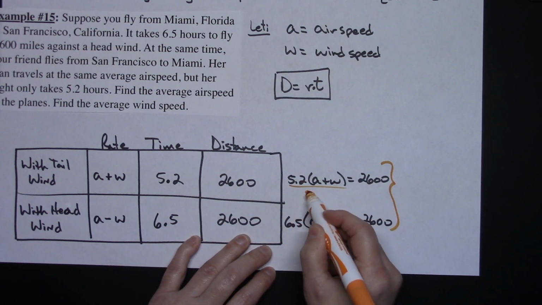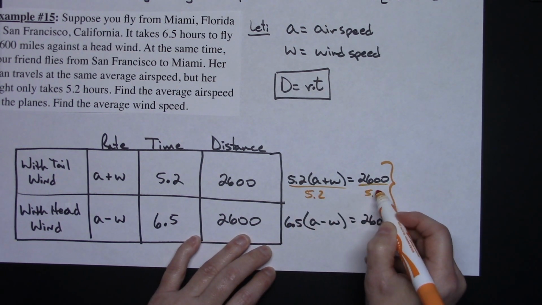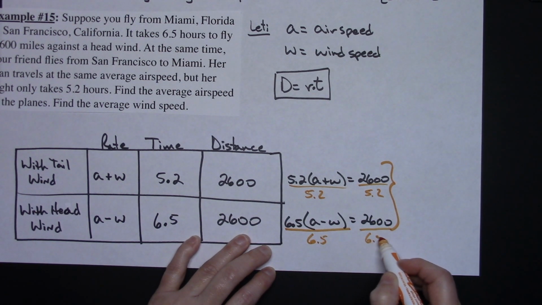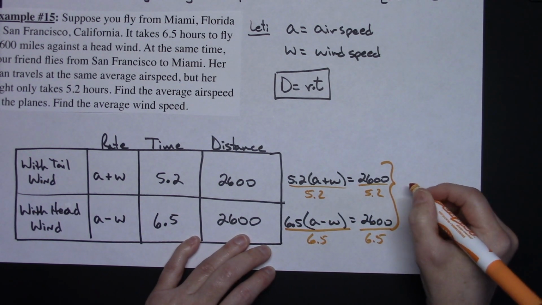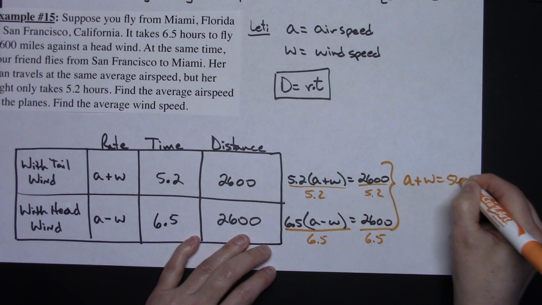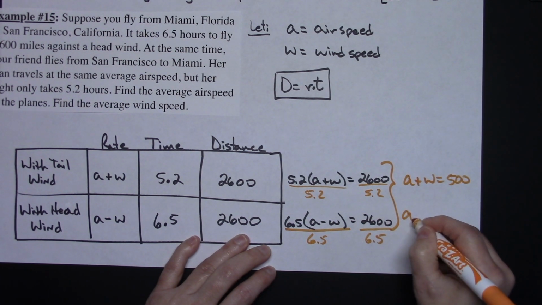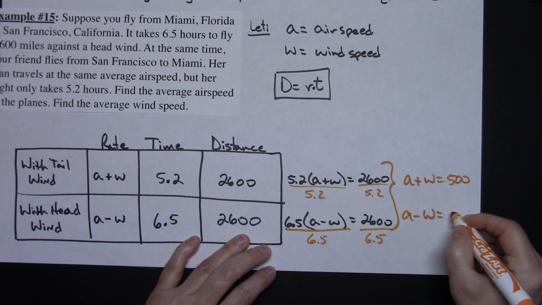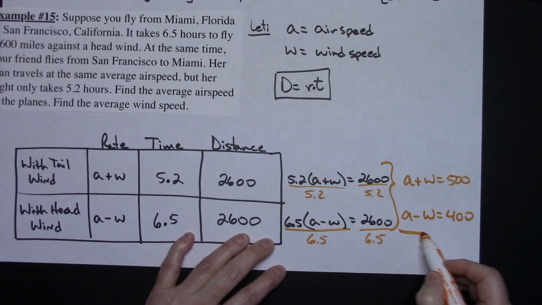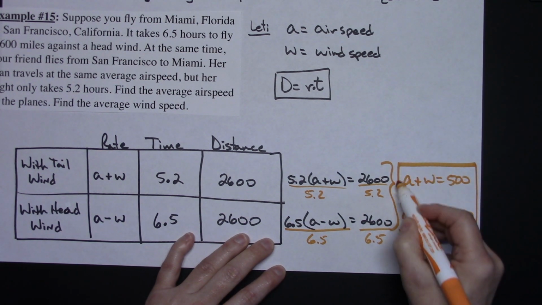If I divide the top one by 5.2 and the bottom one by 6.5, that leaves the top equation as a plus w equals 500, and the bottom one as a minus w equals 400. And that is a much nicer system of equations for us to solve.